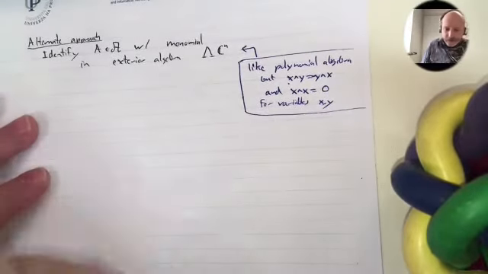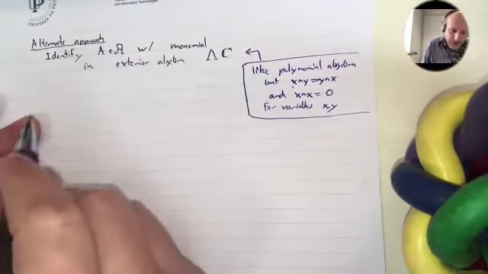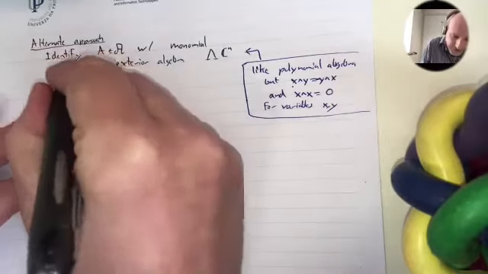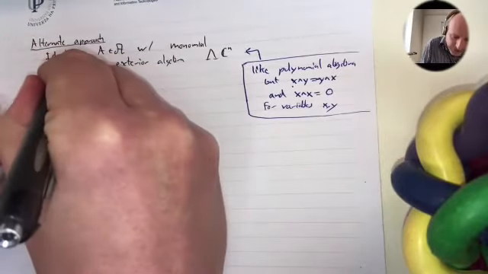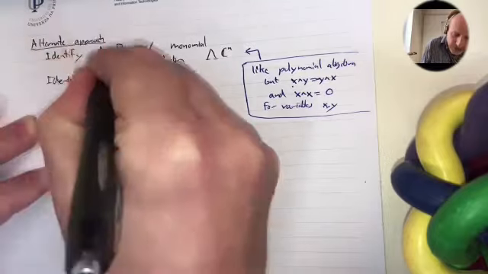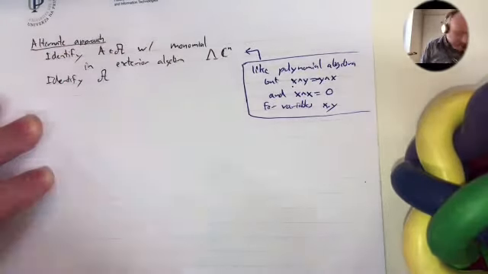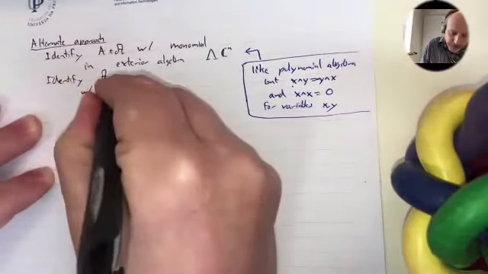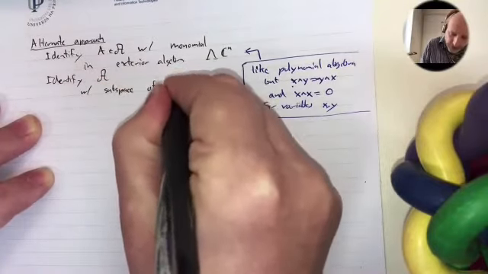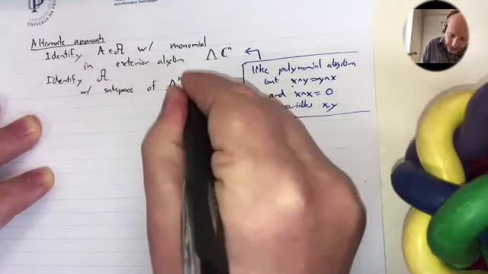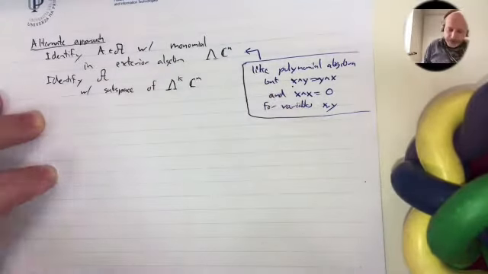Okay, so I'll identify my A with monomials, and I'll identify my script A with a subspace of the k degree part of this algebra.